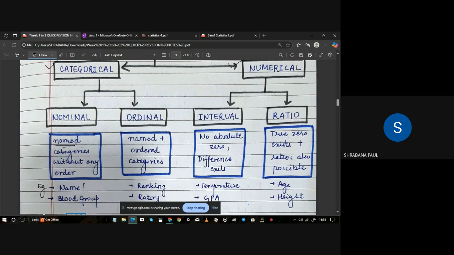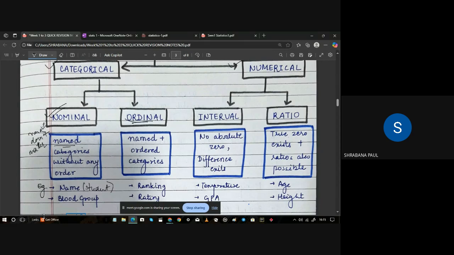Example, student names in a class or in the whole school. How many students are going to pass out in the year 2025 in class 10? So names of the students are under nominal. Here rank doesn't matter. This should be kept in mind.